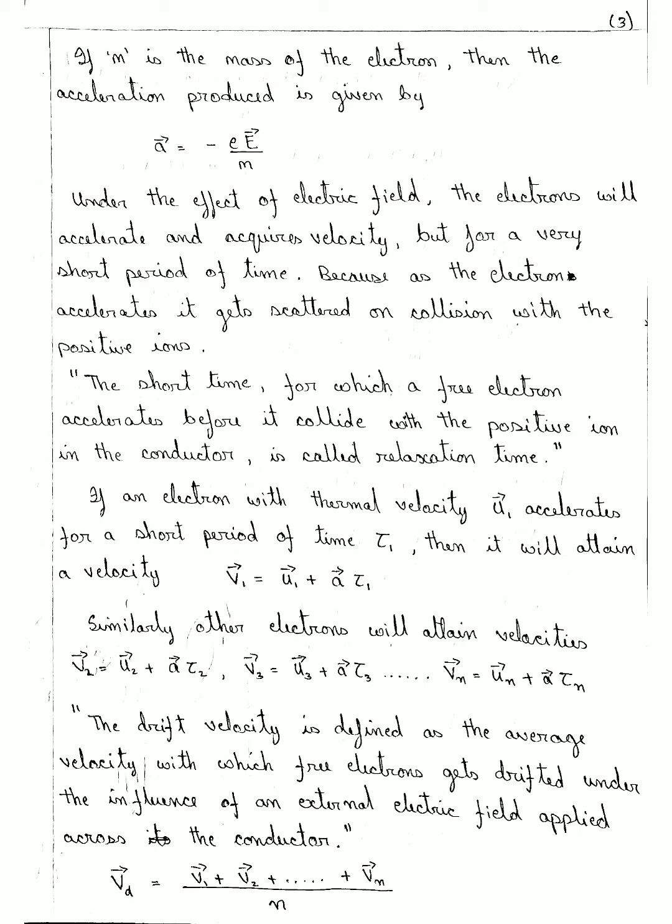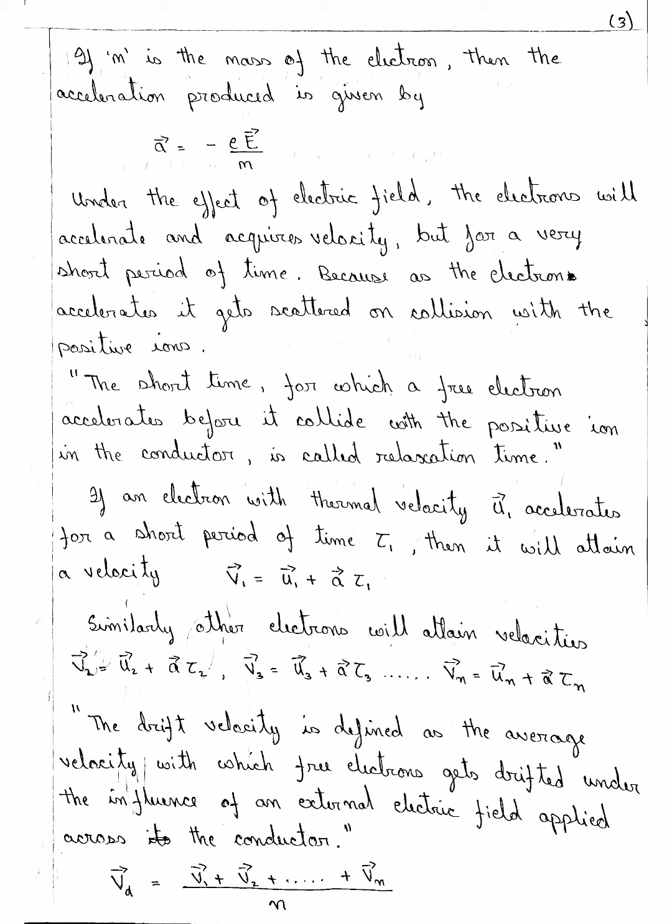But this will happen for only a very short period of time, because there are positive ions inside the conductor. When the electron accelerates, it soon collides with a positive ion and gets scattered.